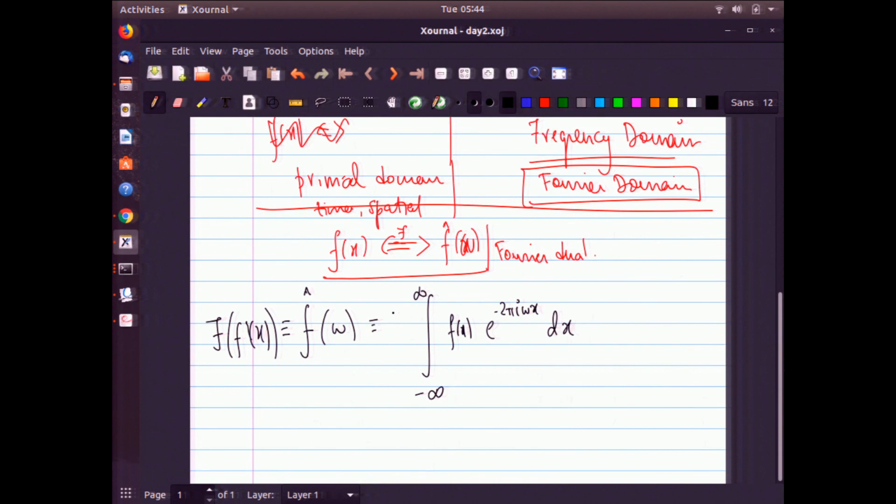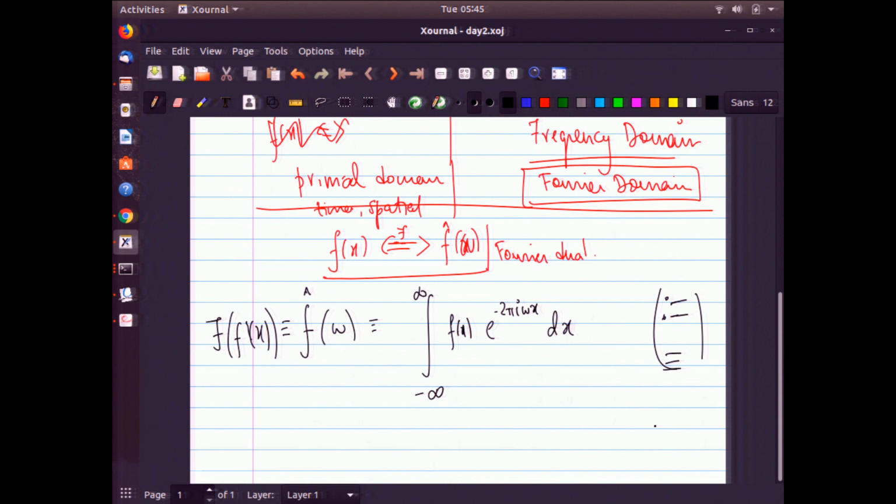There are 3 lines, so I'm defining this as well as this. I'm saying this particular transform or operator applied on f of x, I'm going to call this, so I'm defining this f hat here. So in one line, I've defined both the operator as well as the notation. Okay, some people use this colon equal to as well.